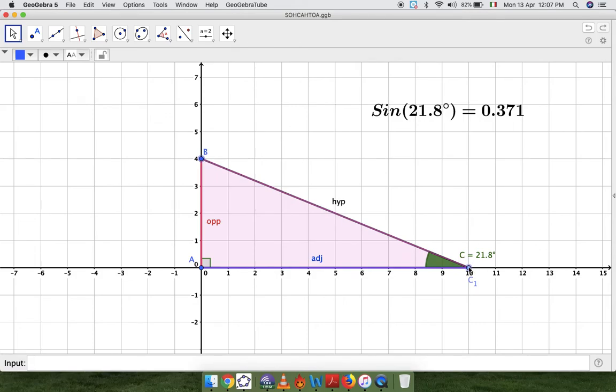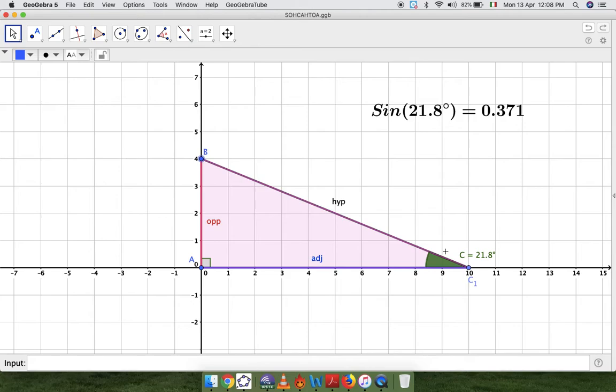Again, when it's 21.8 degrees, this angle in a right triangle, the length of this opposite side is going to be roughly 37% the length of the hypotenuse. However long the hypotenuse is, that's 37% of however long it is.